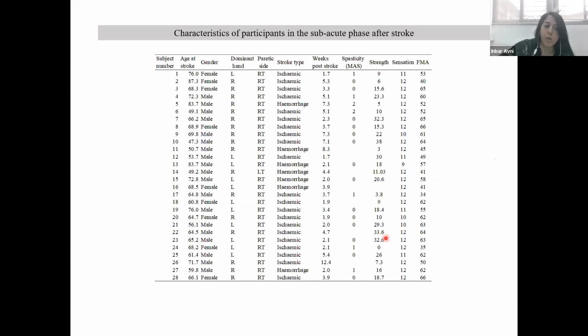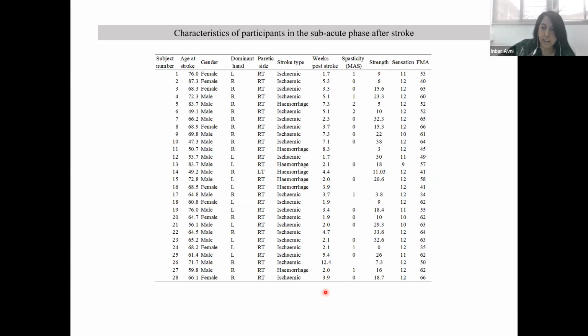So we recorded these tasks on 28 stroke patients in the subacute stage. This is roughly 2 to 12 weeks after the stroke. And you can see here some of these parameters.